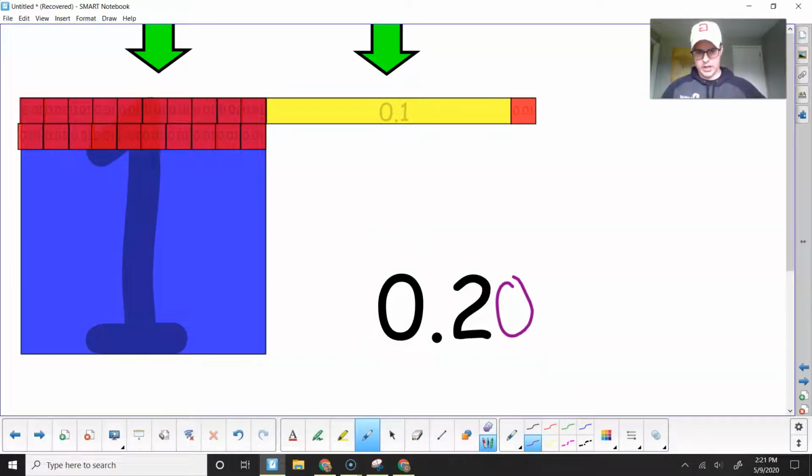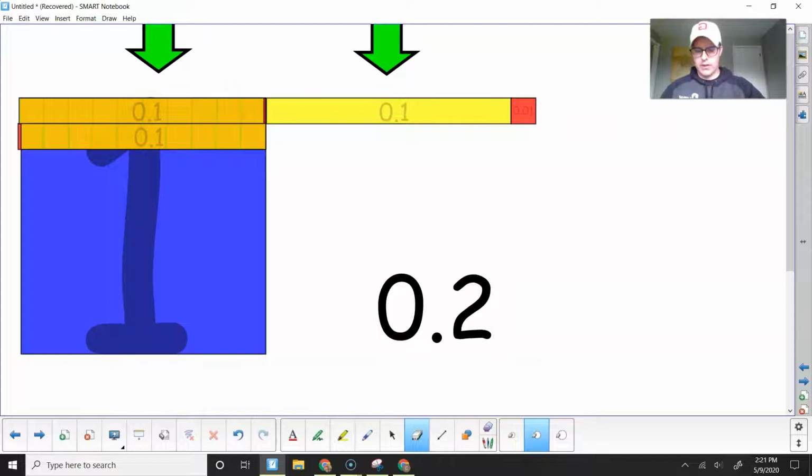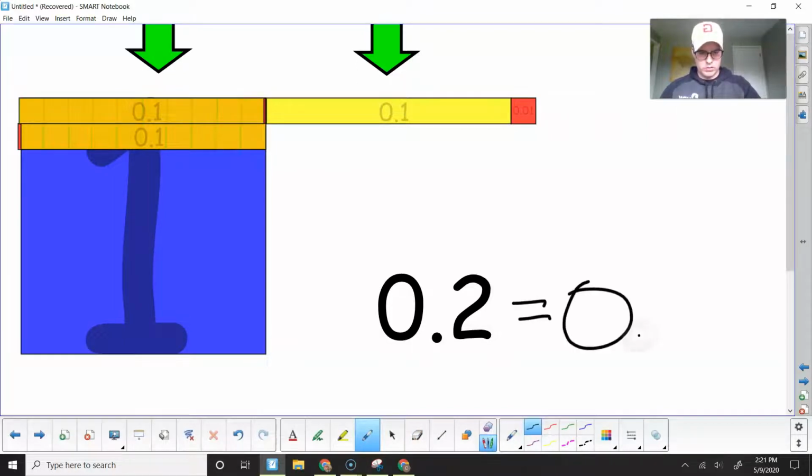So 0.20. Another way of picturing that would be 2 tenths. So 20 hundredths is equal to 2 tenths. They're the same exact thing. So let me write that inequality, okay? 0.2 is equal to 0.20.